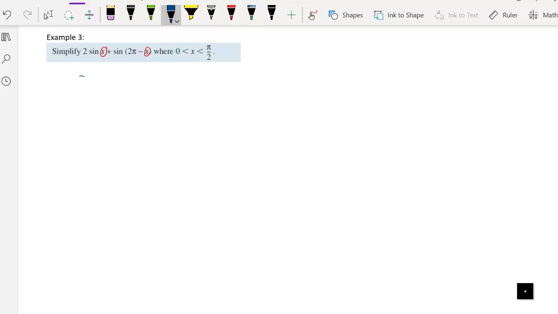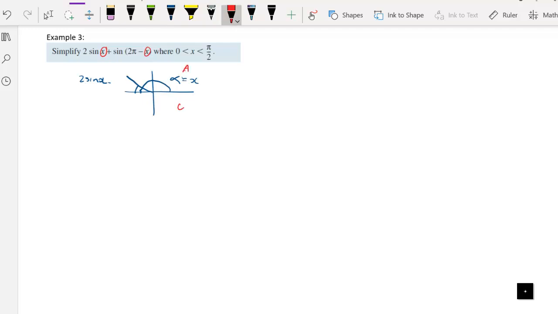We don't have to do anything with 2 sine x. It's already simplified as much as it can. This one here, sine 2 pi take away x, is the one we have to simplify. So if we look at the angle being 2 pi take away x, we end up with an acute angle of x.